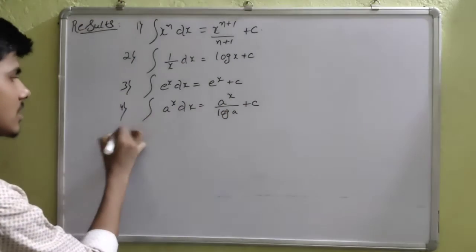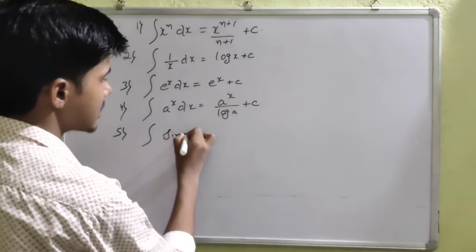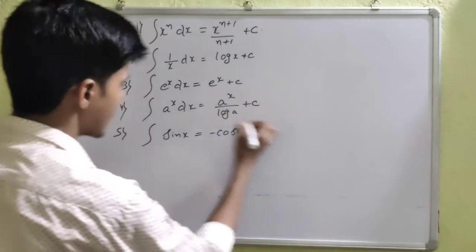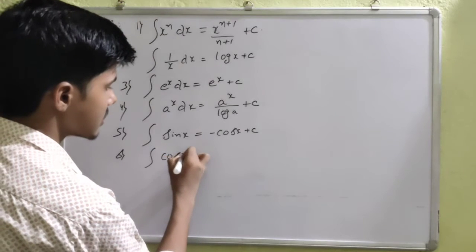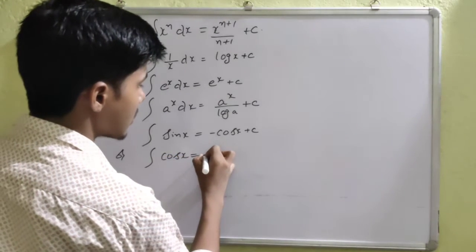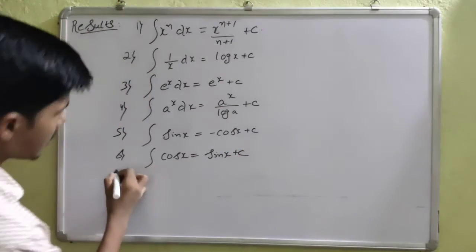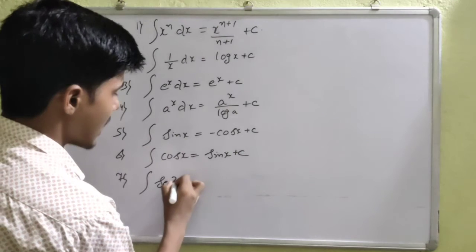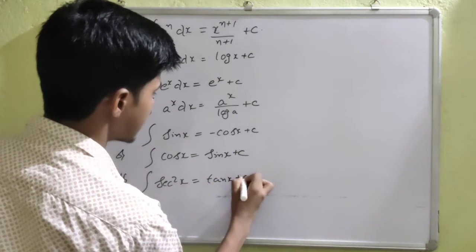The fifth result is integration of sin x is equal to minus cos x plus c. The sixth result is integration of cos x is equal to sin x plus c. The seventh one is integration of sec square x is equal to tan x plus c.